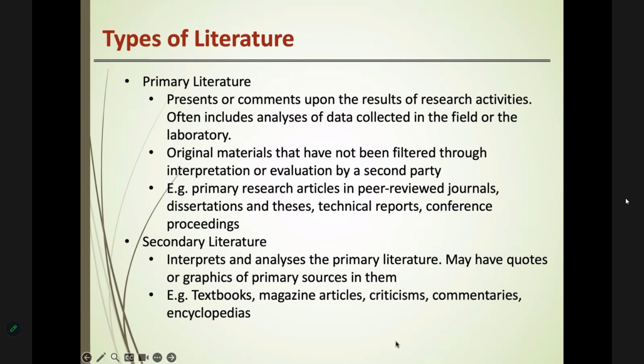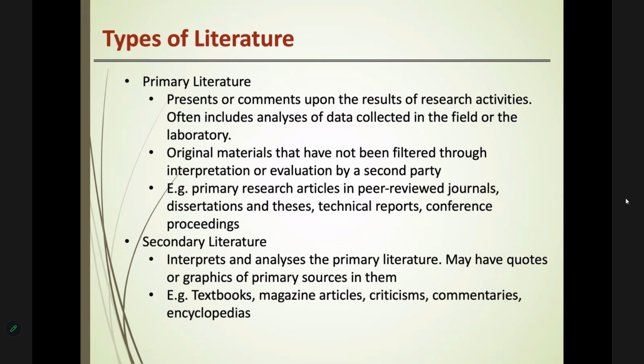Peer-reviewed journal articles come under primary research literature, because you can see not only the results, you also see the methodology. You know how many questionnaires they have done, how many interviews they have done, how they derived the results, how they analyzed. Everything is there in the paper, right? So that's a primary literature, because you know inside out how the research was conducted and how the results were derived, right?